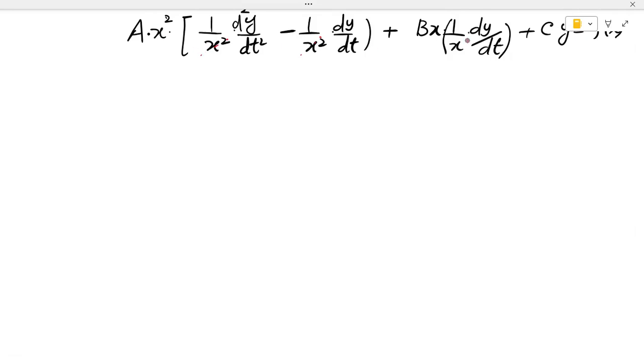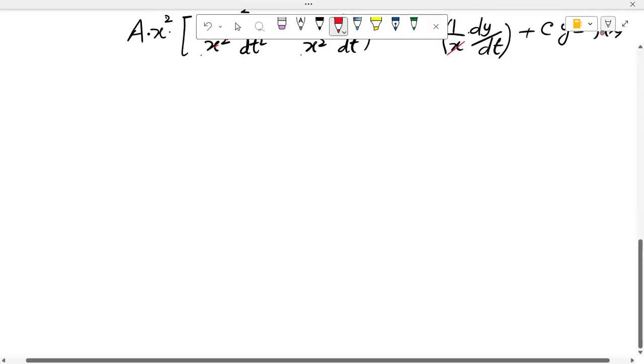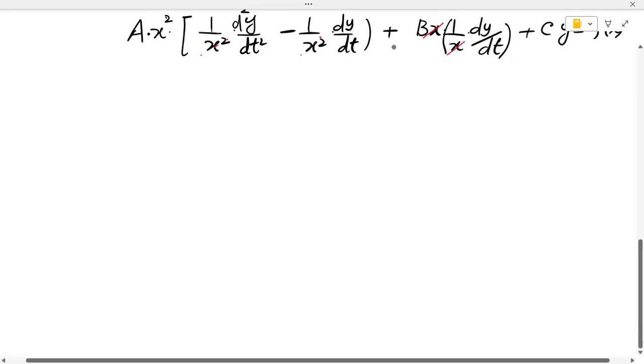So this is fine, and x will be cancelled from the second expression. So we have a nice form.